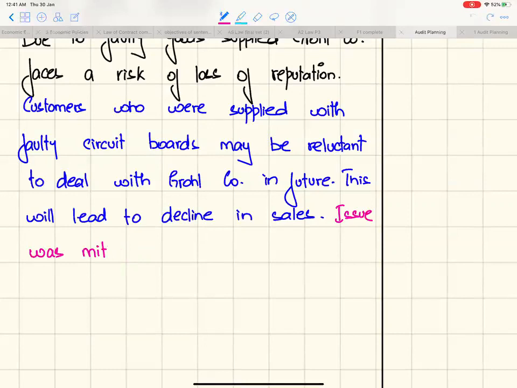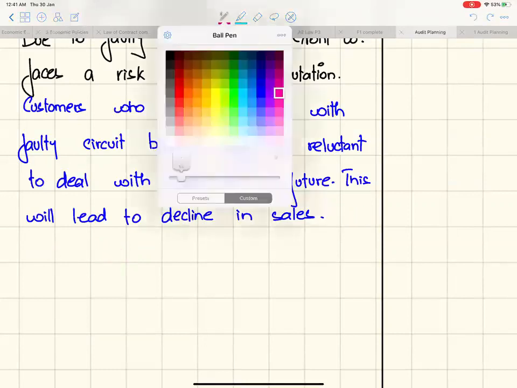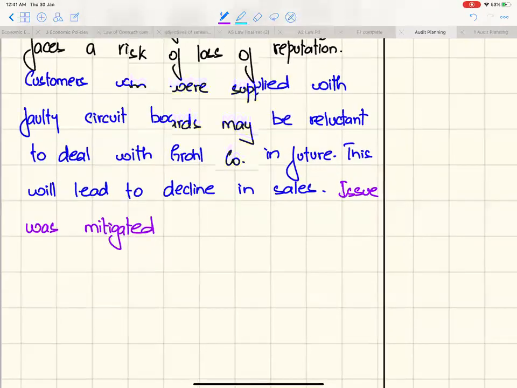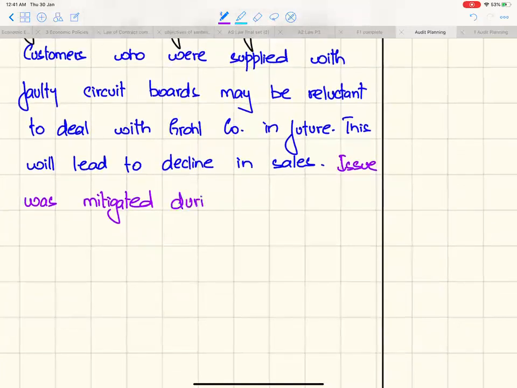Issue was mitigated during the year by recall of products.